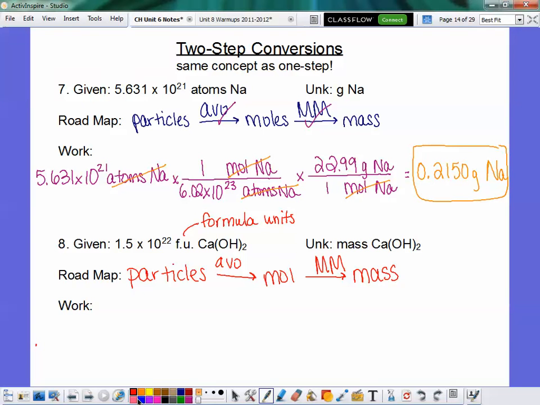All right, so now that you've had some time to do this problem, let's go through it again, and then I'll have you guys do the other 3 in your pods, okay? So we're starting with 1.5 times 10 to the 22nd formula units, or FU, of CaOH2. What's our first step going to look like? What's our first conversion going to look like?